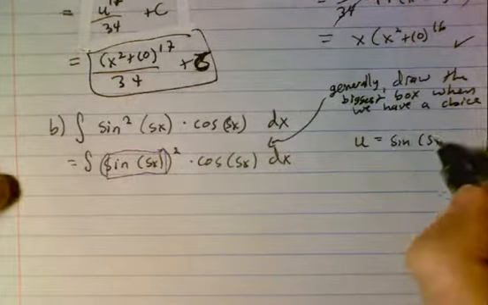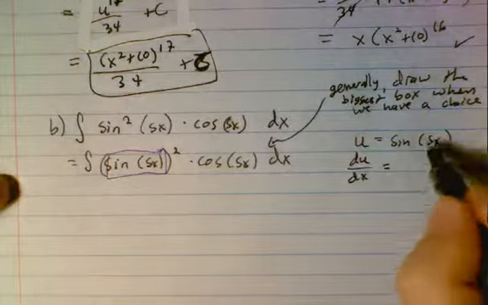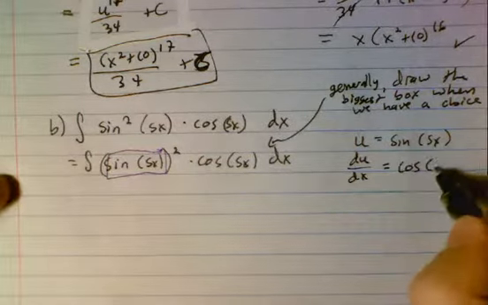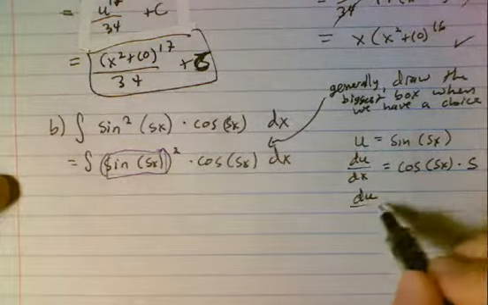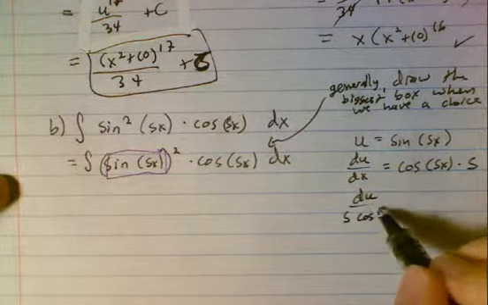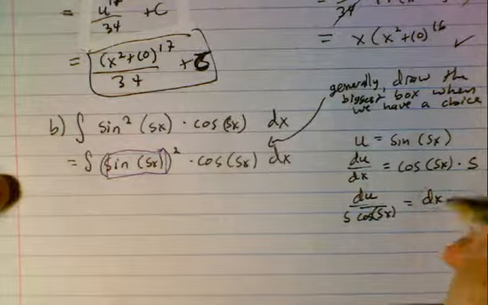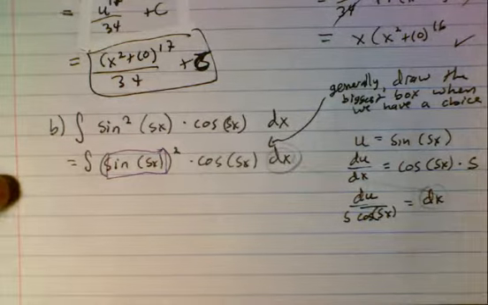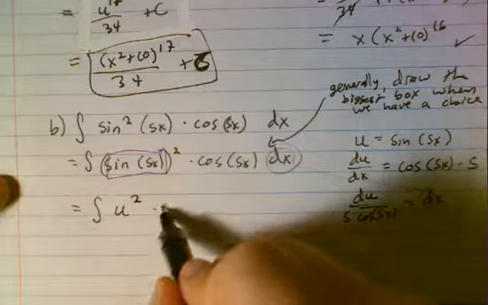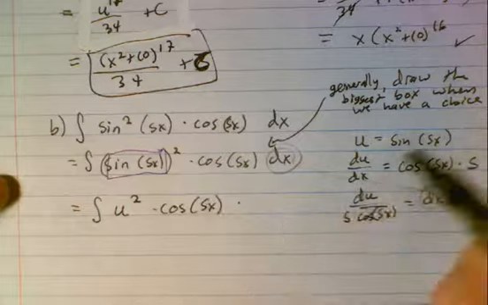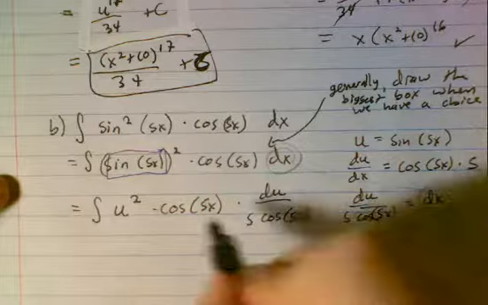So let's let u equal the sine of 5x. du dx: the derivative of sine is cosine of 5x, and the derivative of 5x is 5. So du over 5 cosine 5x equals dx. Put that back in there. So we've got the antiderivative of u squared cosine 5x times du over 5 cosine 5x.